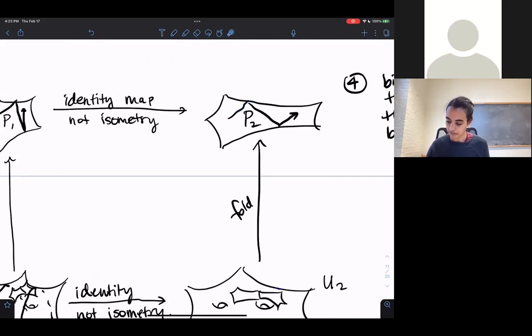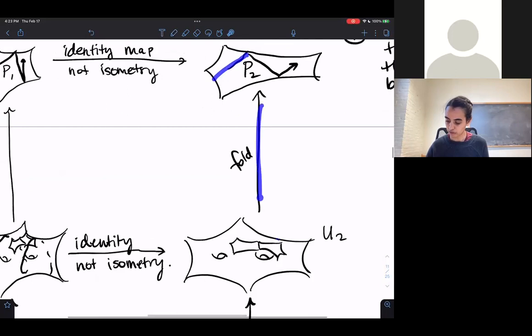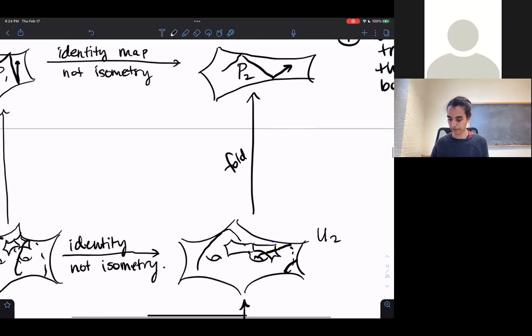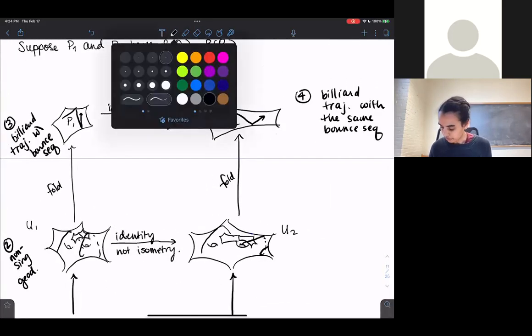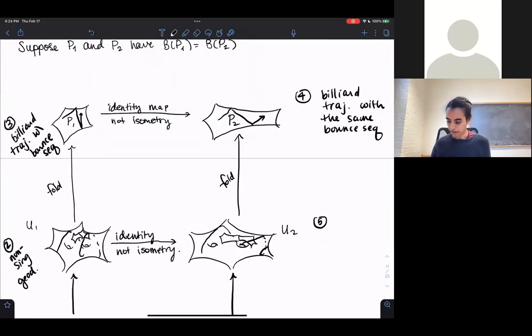And I'm going to lift this billiard trajectory to U2, starting on the corresponding tile and lifting that part that goes from C to A. And then I continue the lift. I continue to lift and I get some non-singular geodesic here. Okay. So that's the fifth thing I get. I've moved to this part of the diagram. I get a non-singular geodesic here.